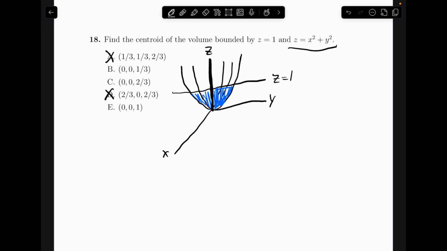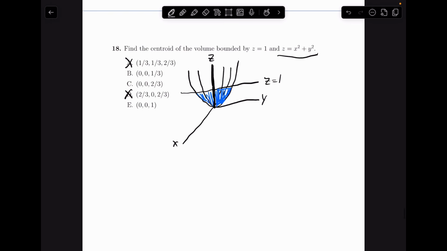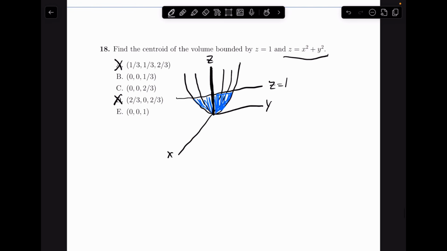Now we're only really after the z center of mass, and we should compute that. I am going to compute it, but using physical intuition again, E is not looking right to me, because it's very unlikely that (0, 0, 1) is the center of mass, since that's really this point right here.